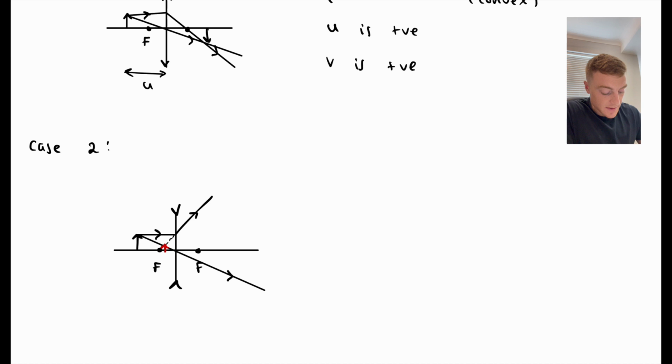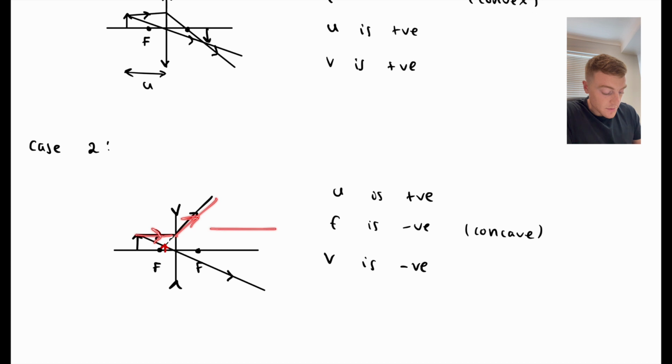But notice the image is formed where the rays only appear to meet, they don't actually meet. So u is positive because it's following the natural path of light. f is negative because it's a concave lens. And this time v is negative, because the natural path of light is to the right. So this direction is positive, but to actually find this image we have to trace backwards, and we use a dotted line. We know that that's not the natural path of light, so therefore v has to be negative.